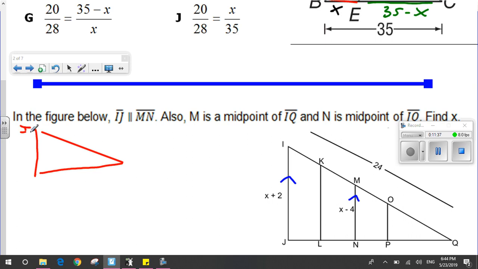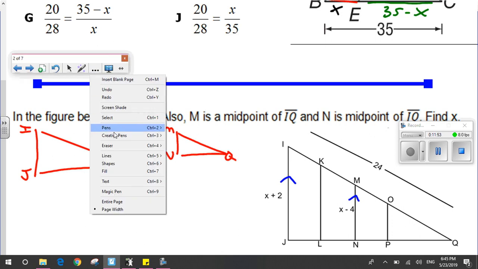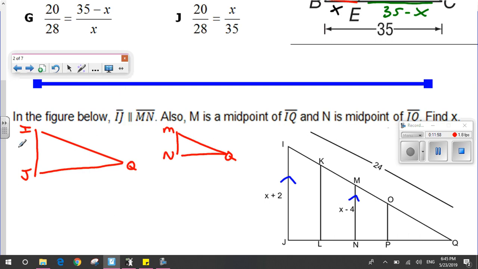So I have I, J, Q as the really big one with M, N, Q. And then I would relabel what I know. This is X plus 2.